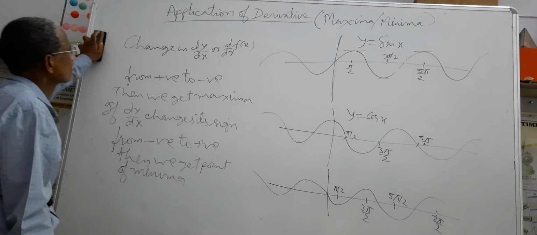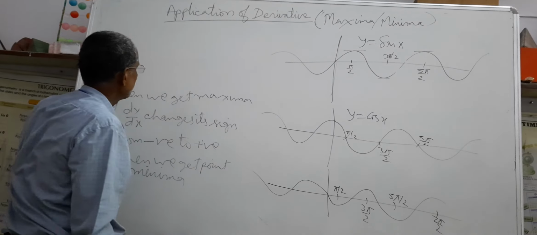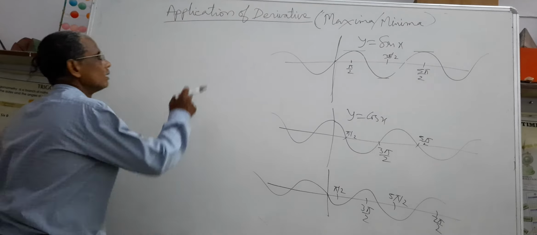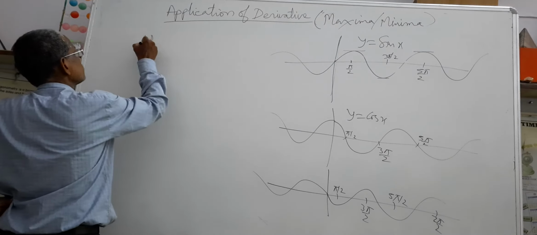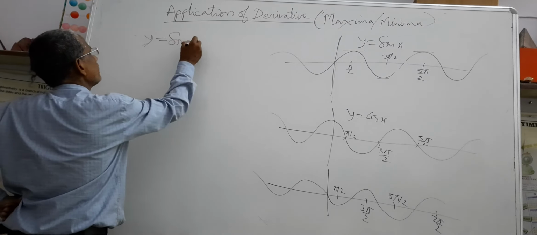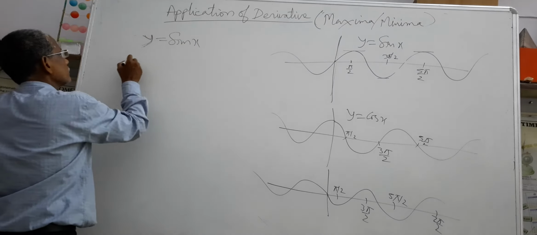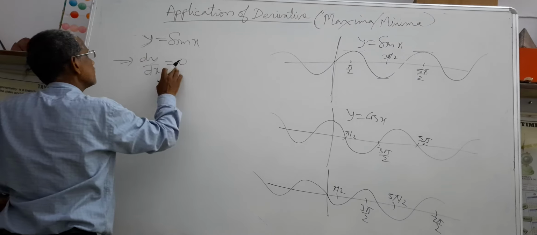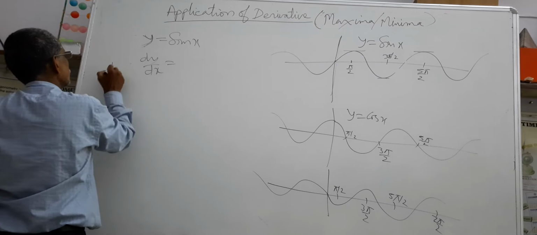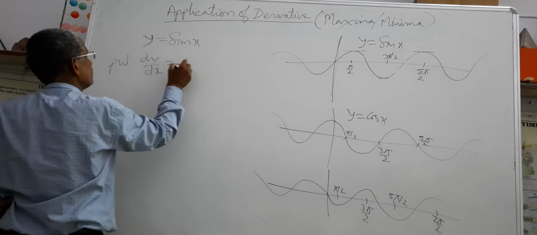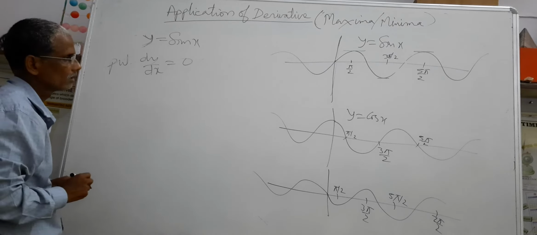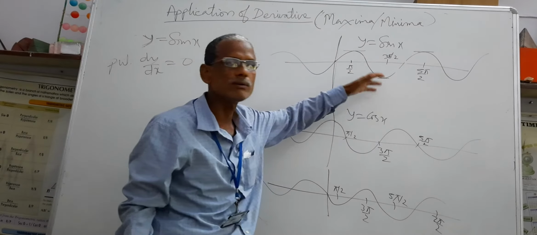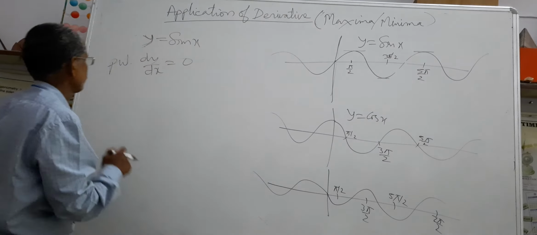Working rule is find dy dx. Here our function is y is equal to sin x. This implies put dy dx is equal to 0, because function attains its maximum or minimum value where dy dx becomes 0.